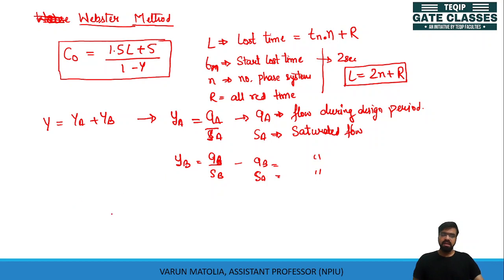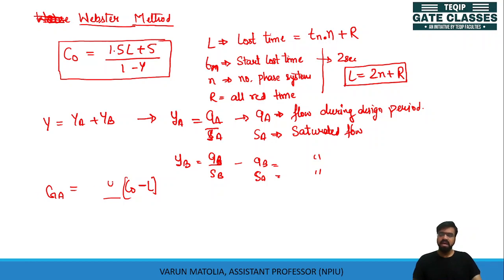Then we can calculate the green time at a section. We have the cycle time, C naught, and we have the lost time as L. The total duration of the cycle length minus L, the lost time, is the remaining duration which can be used for traffic flow, from any direction.